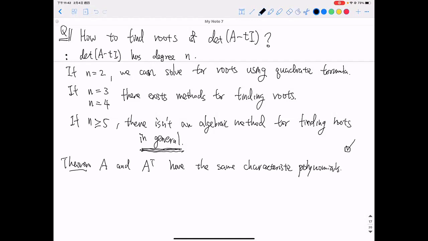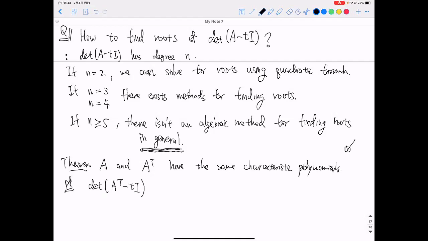So the first general property we can make is that A and the transpose of A have the same characteristic polynomial, hence the same eigenvalues with multiplicities.